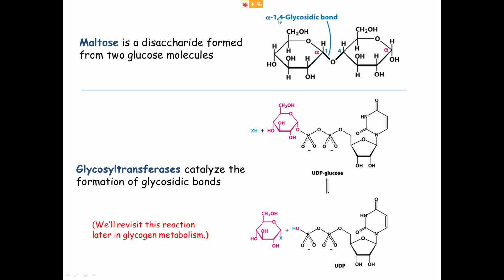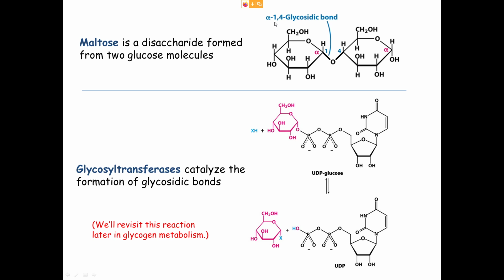If this were an alpha 1,4 between a glucose and a galactose, that 4 would be up, and it would not be maltose. Okay, so maltose is a disaccharide made from two glucose molecules, where the first one must have been in the alpha form, second one's irrelevant, what form it's in, and the connection is between number 1 and number 4.